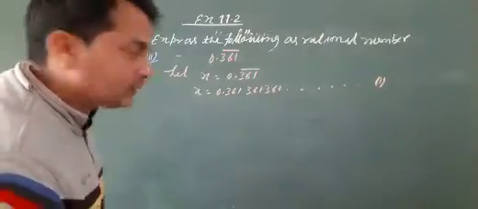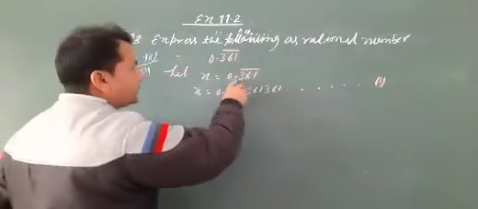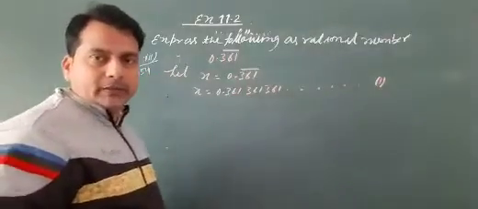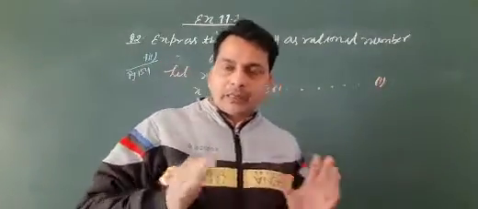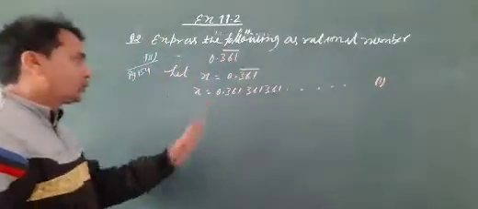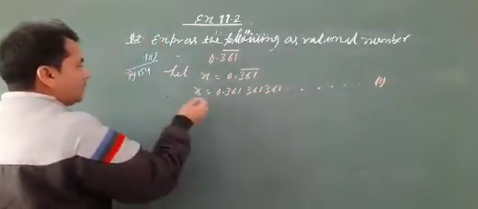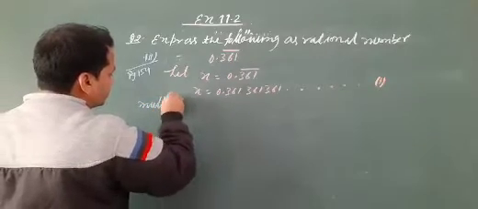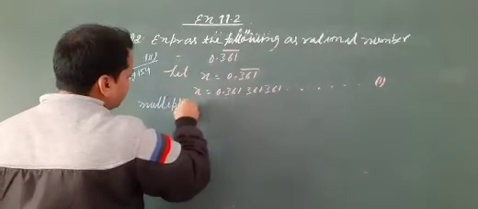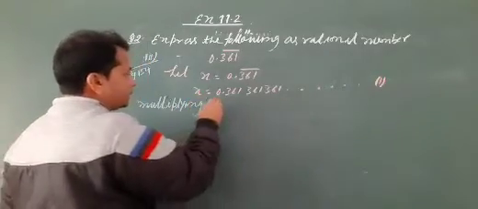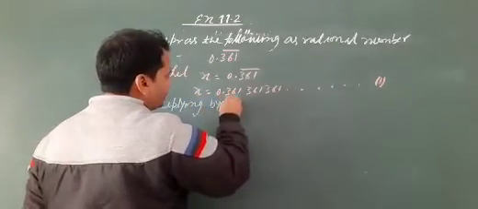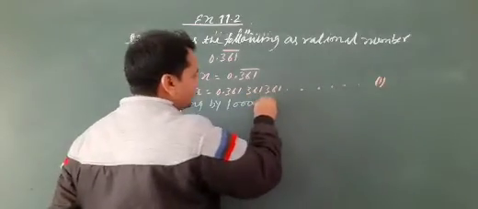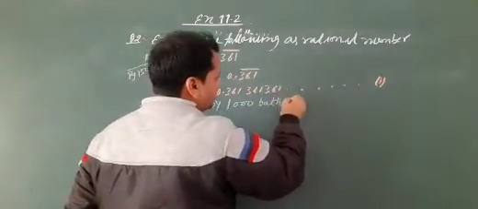Now the next, after the decimal point 3 digits are repeated, means 1000 place, so multiplying by 1000 on both sides.